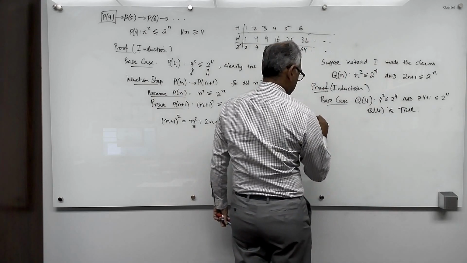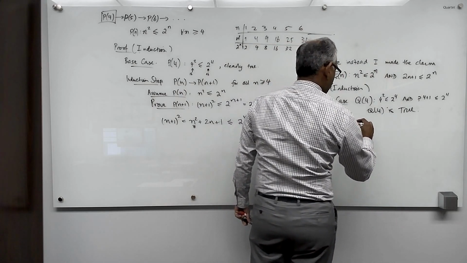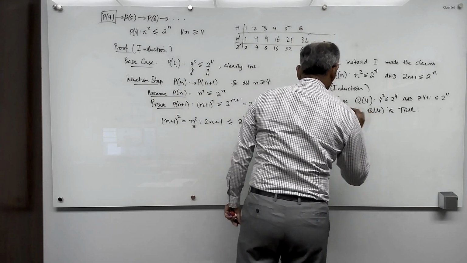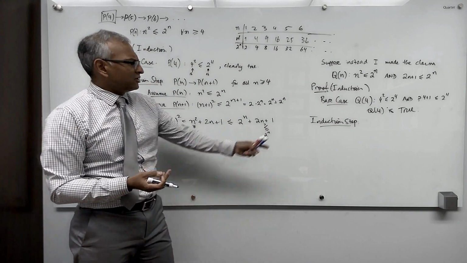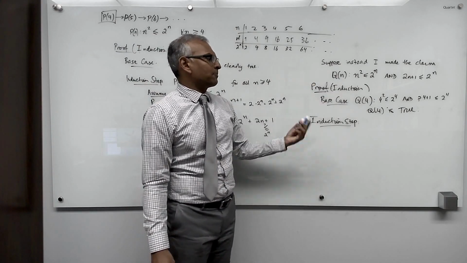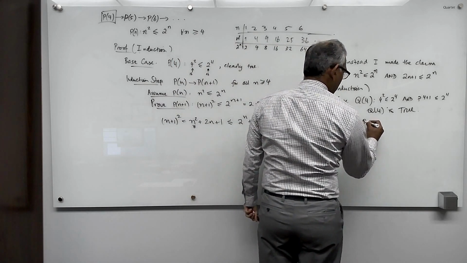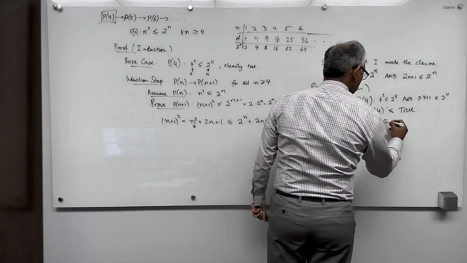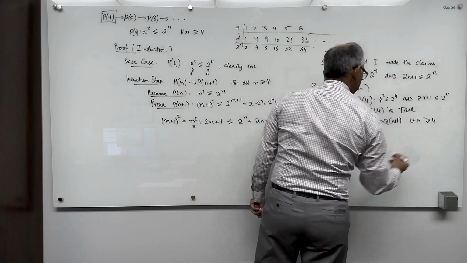Now the induction step. Okay. It's the same induction step. The only difference, the only thing that's changed is I have a new claim, which is a stronger claim. It's just Q. So we're proving Q, not P. So the induction step is I have to prove Q of n implies Q of n plus 1 for all n greater equal to 4.